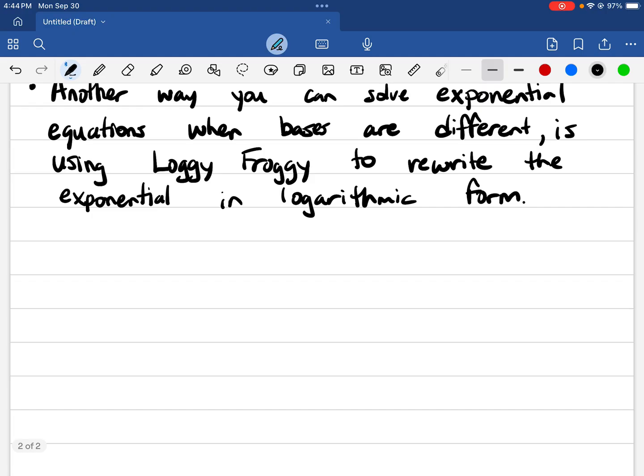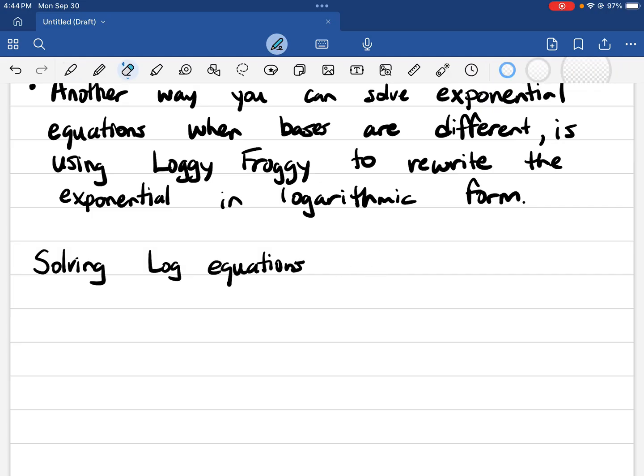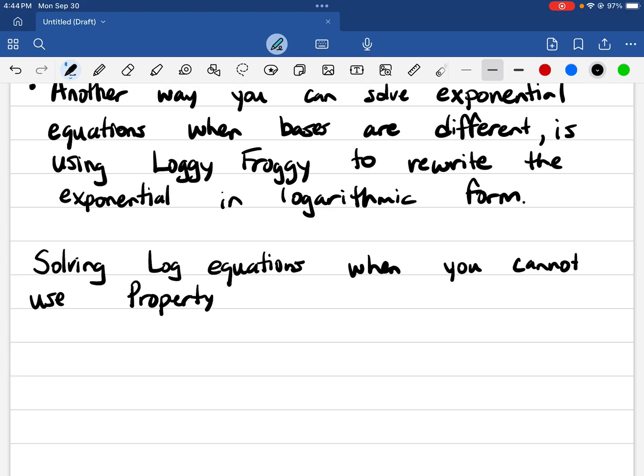And talking about solving log equations when you cannot use the property of equality. How do we solve log equations when we cannot use the property of equality?